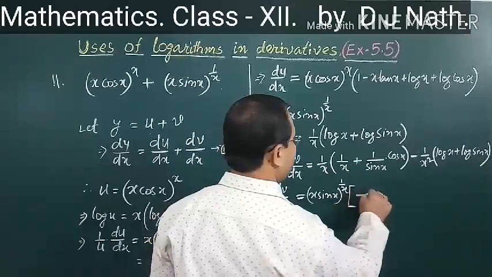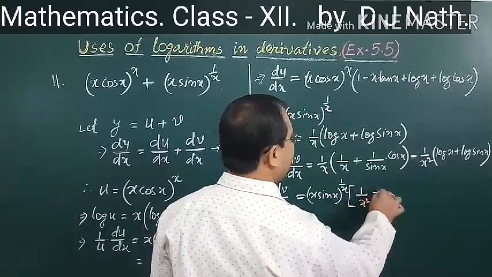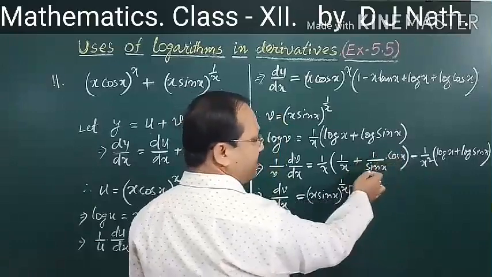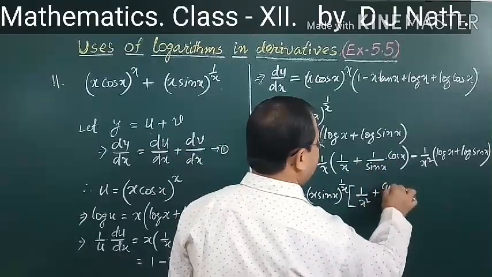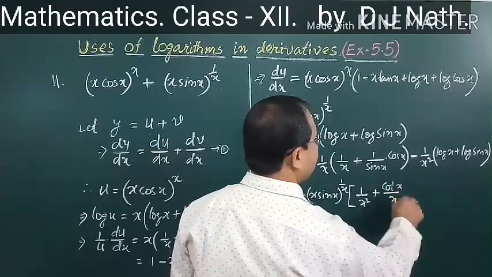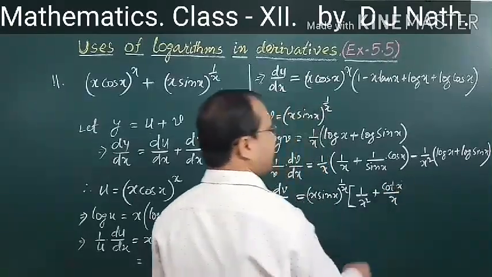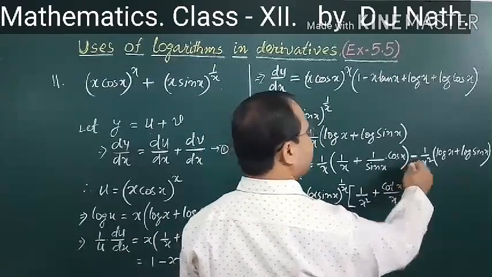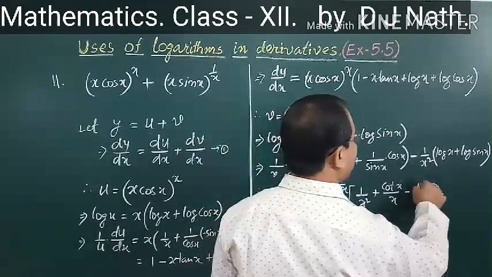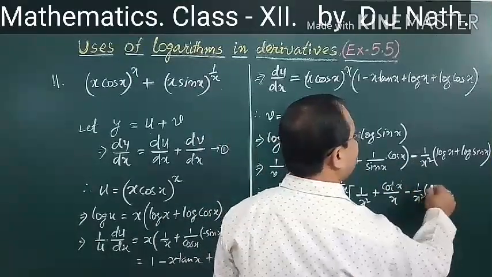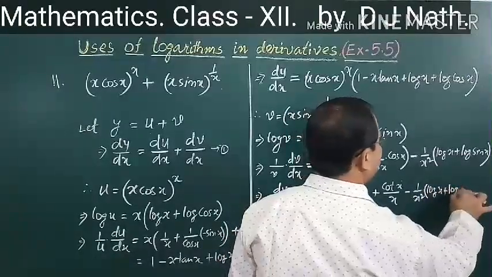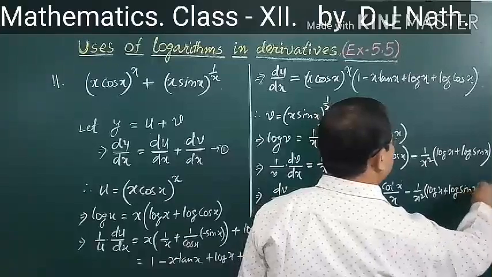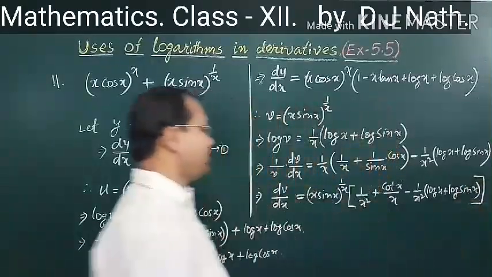It is 1 by x square plus cos x by sin x is cot x, so cot x by x, minus 1 by x square into log x plus log sin x. So this is dv dx.